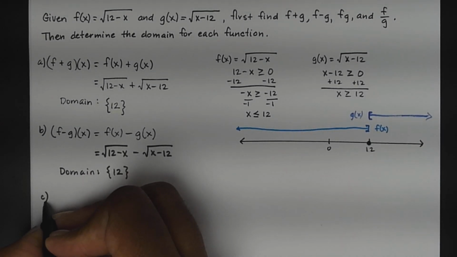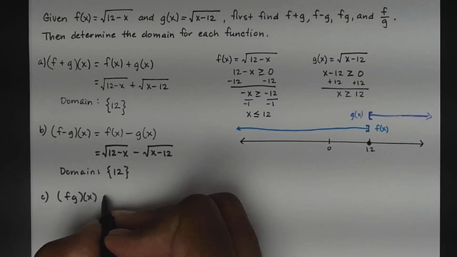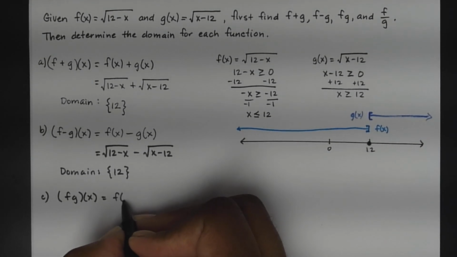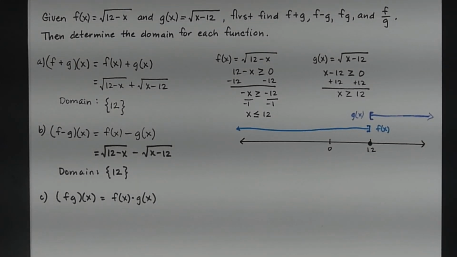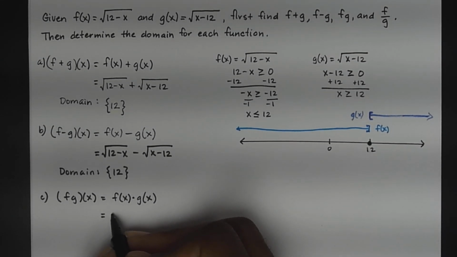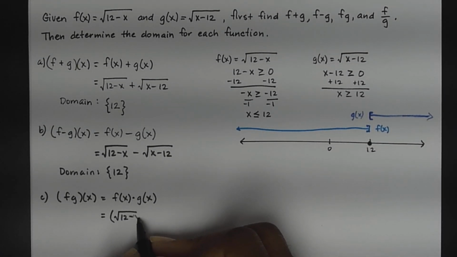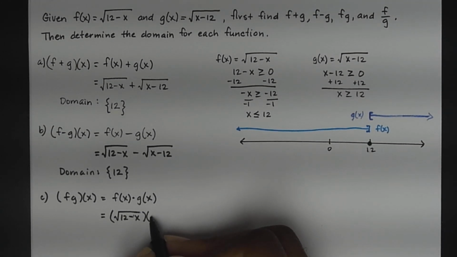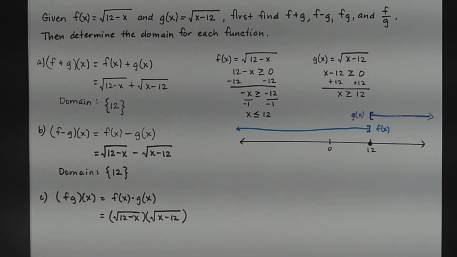Now part C is the product of the two functions, fg of x, which means f of x times g of x. And here f of x is the square root of 12 minus x times g of x, which is the square root of x minus 12.